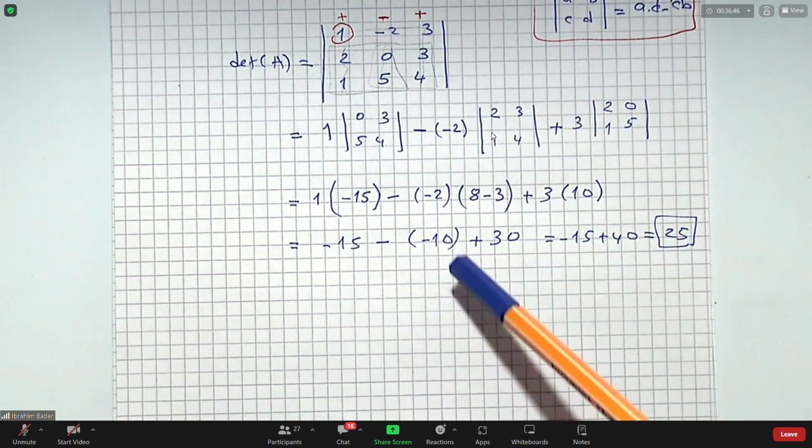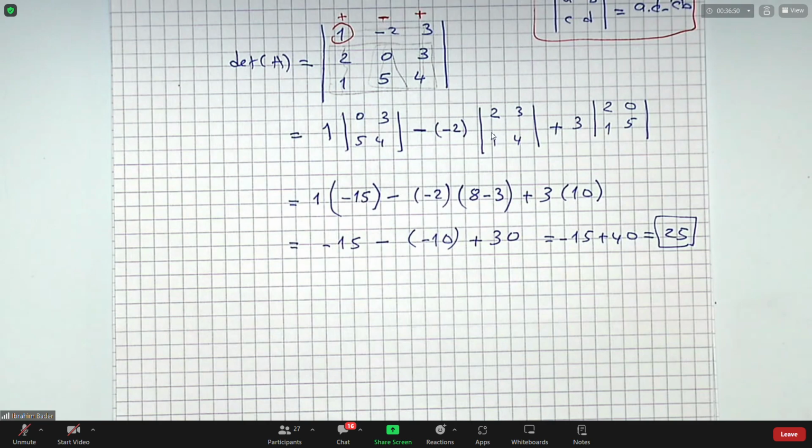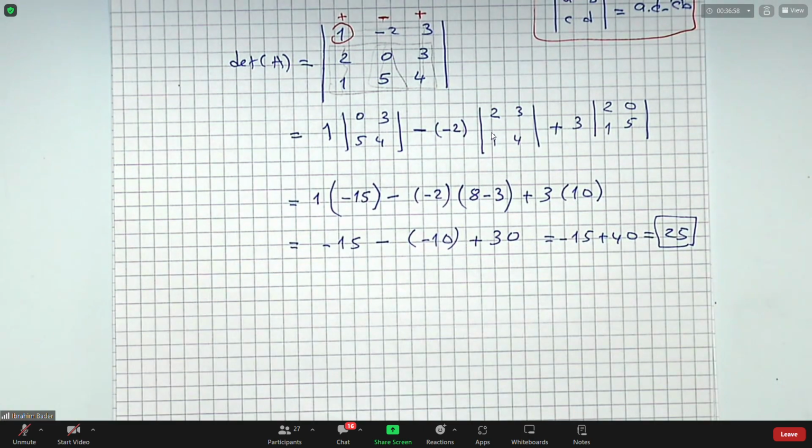So I'm sure here in this middle part, most of you made the mistake, because here is the negative. So don't be lazy. Just add a couple of parentheses, more or less will not do any harm. On the contrary, they will help you to evaluate it correctly. Okay.